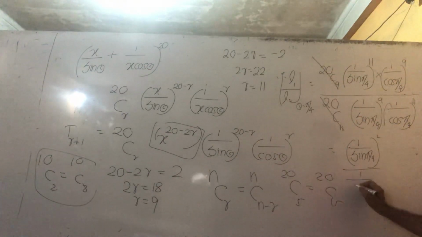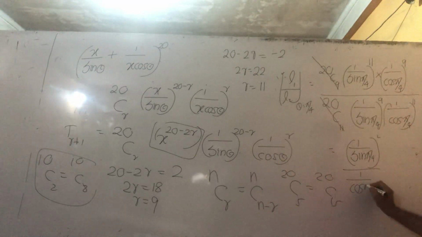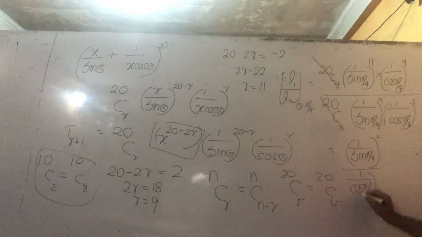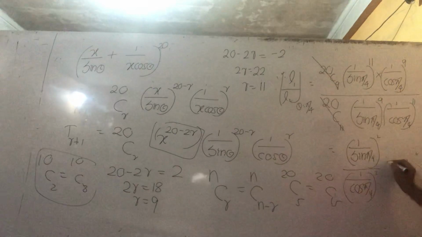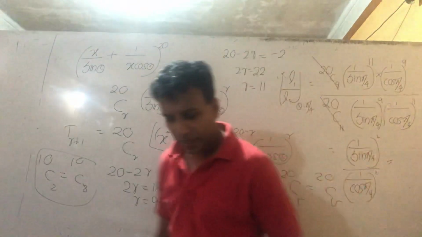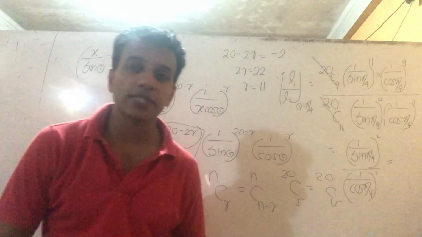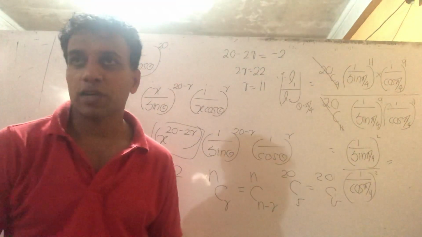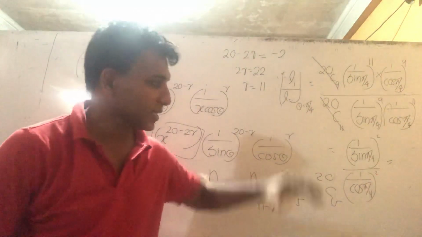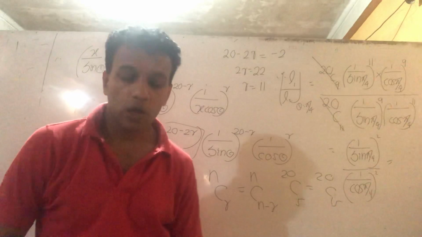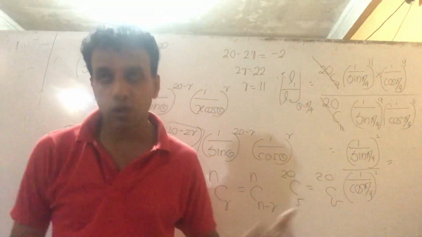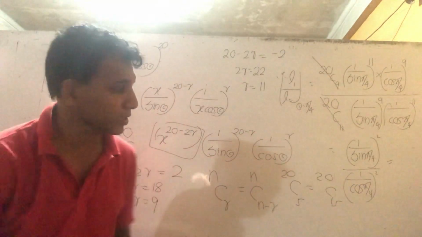So 1 over cos pi by 4, 2 times. See, actually these both are same. You know, sine and cos both at pi by 4 give the same answer, therefore not a big issue. Answer is 1. Sine pi by 4 is 1 over root 2, cos pi by 4 is 1 over root 2. Therefore answer is 1, right?